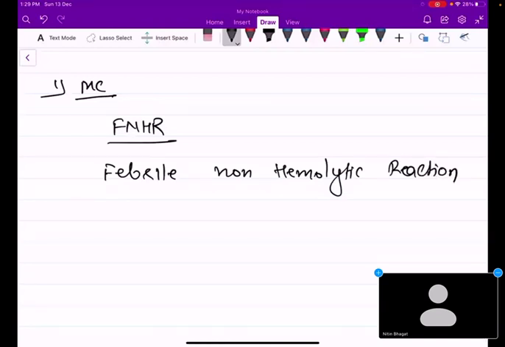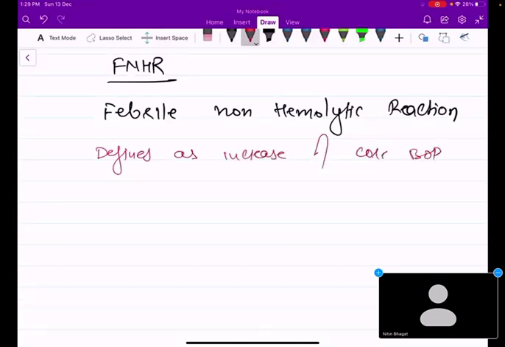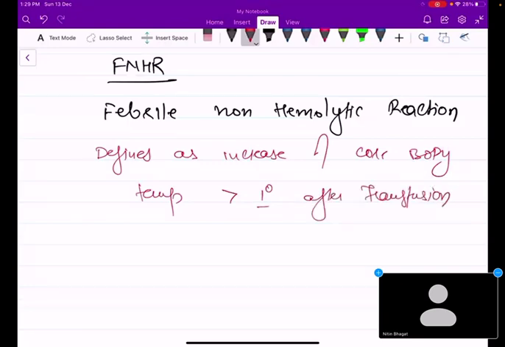It is defined as an increase of core body temperature of more than 1 degree after transfusion. So if before the transfusion my body temperature was 98, and after you gave blood it becomes 99.